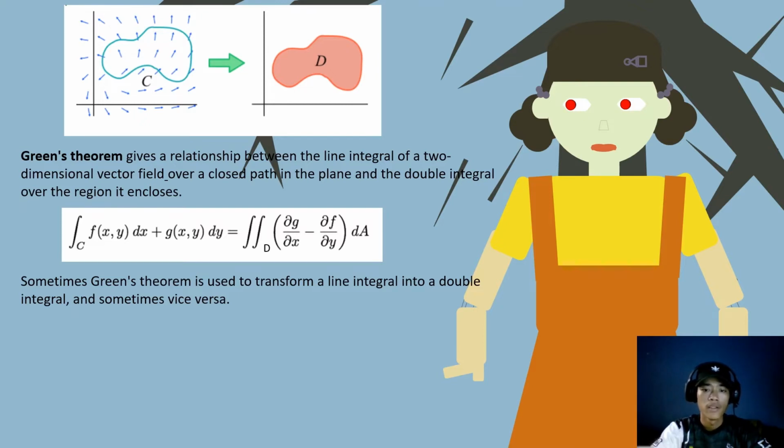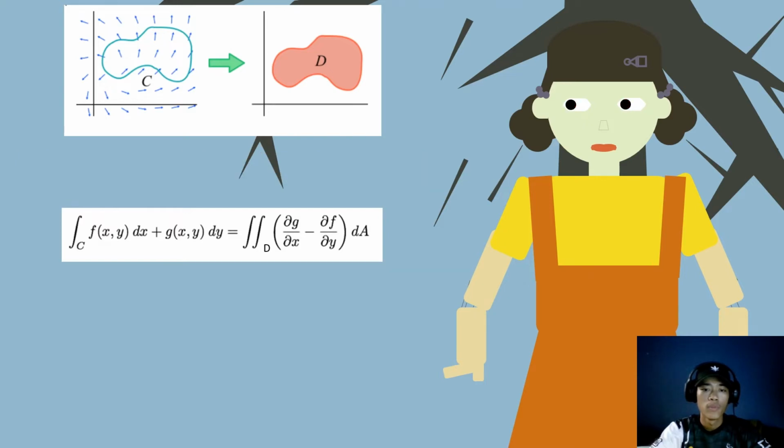Green's theorem, which states that different types of integral are equal, can be used to compute either. It is sometimes used to translate a line integral into a double integral, and it is sometimes used to transform a double integral into a line integral.